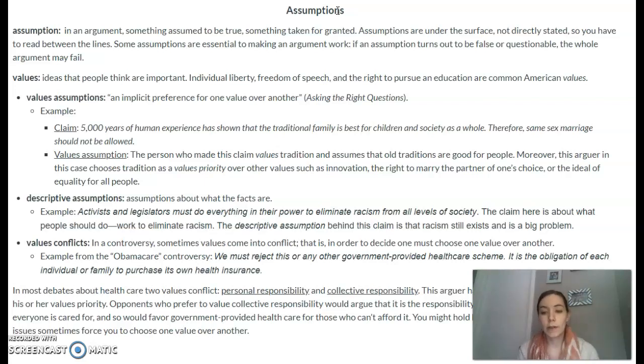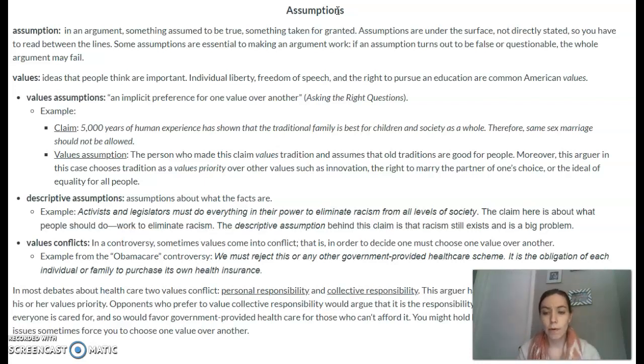A descriptive assumption is an assumption about what the facts are. Basically, it's an assumption that the facts will back up what I'm saying. I'm not necessarily going to go over those facts. Or it leads to a conflict where people do not assume that the same facts are relevant, or the same facts are important or exist.